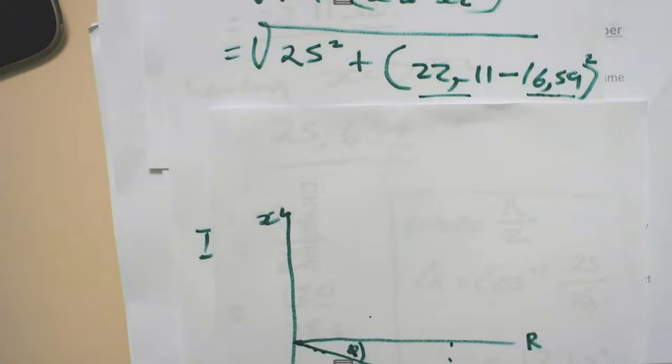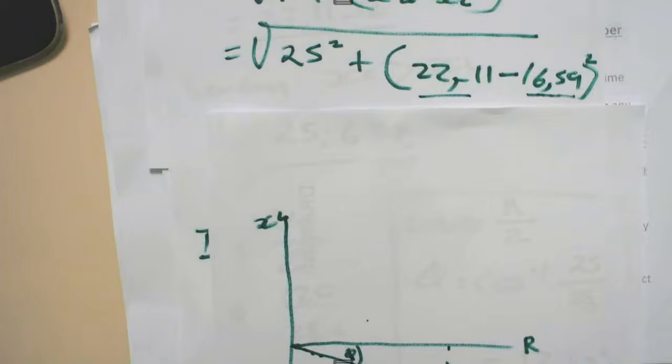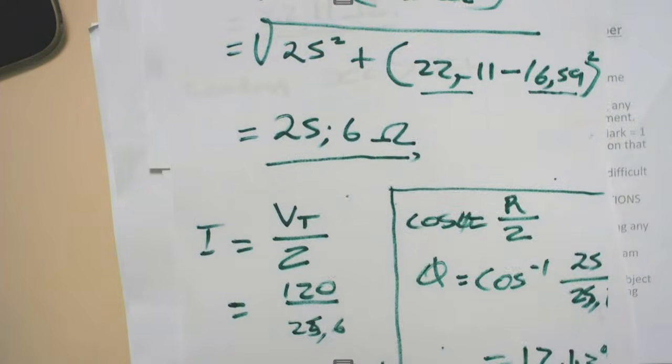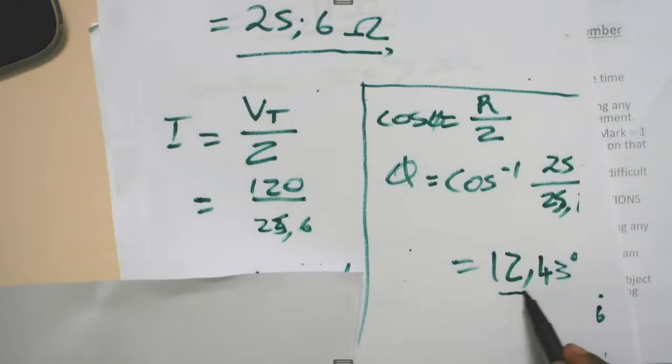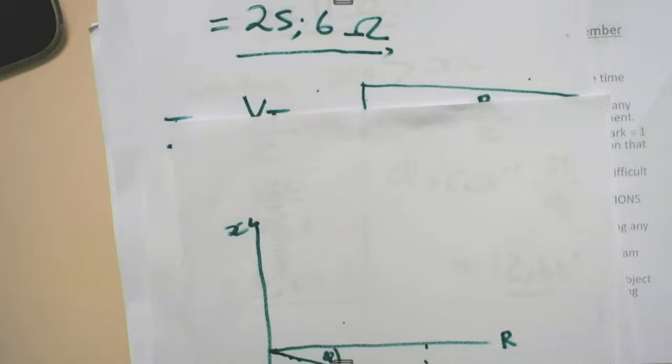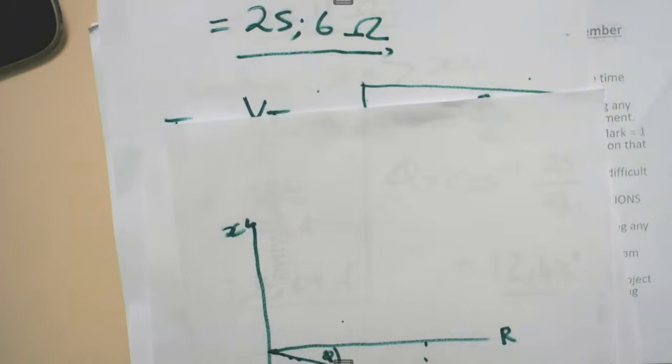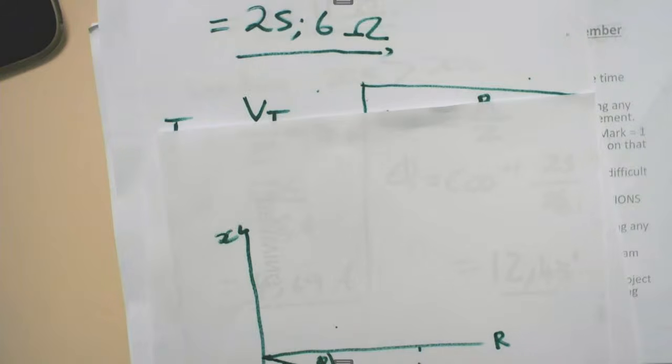Or if you don't want to write this theta, you can write the answer that we got on the phasor angle, which in this case will be 12 degrees. So here you'll write Z, then you give the value of Z, which in this case is 25.6 ohms.